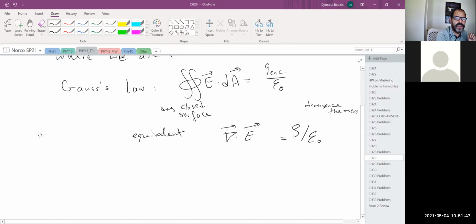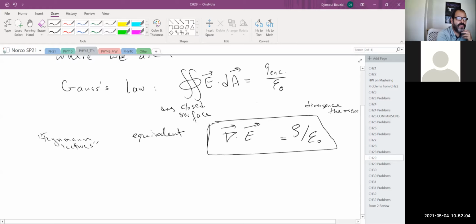If you're interested in a very beautiful demonstration on how it works, you can just refer to the Feynman lectures. Okay, and I think I have a link in my syllabus. So this form is a differential form of Gauss's law.